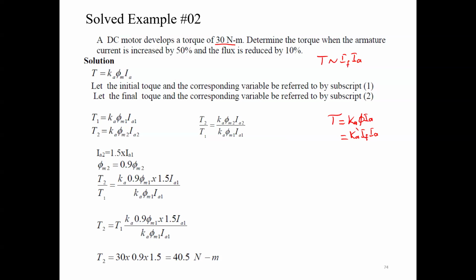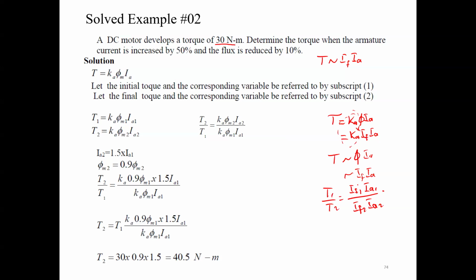So by the end, if you remove the equal and constant, we can say that torque is proportional to flux times IA or IF times IA. So simply from this relation, we can write down that T1 divided by T2 equals IF1 times IA1 divided by IF2 times IA2, since the relation is linear and both are directly proportional to torque.